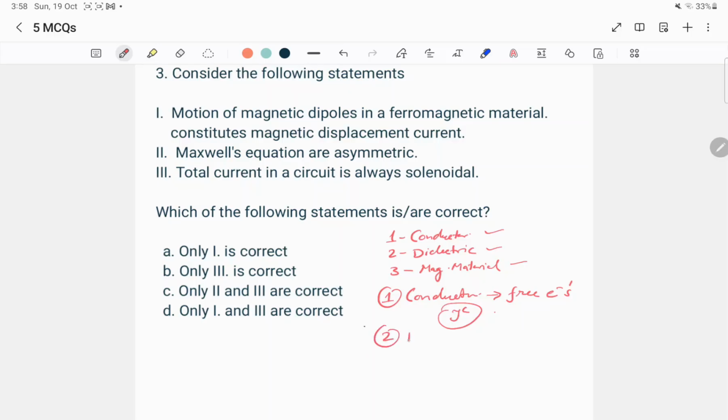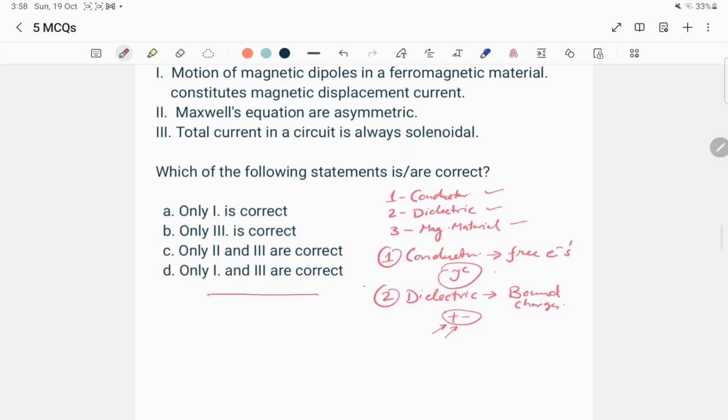Whereas in a dielectric we do not have free electrons, we have bound charges. When I say bound charges, it means plus and minus together make an electric dipole, and these small dipoles are called bound charges. So let us consider a small bar of dielectric where there are a lot of bound charges present.